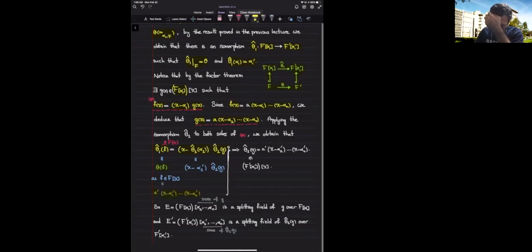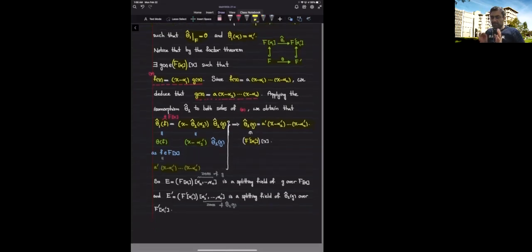On the other hand, we also know that theta 1 hat sends alpha 1 to alpha 1 prime. So we get this equality, and I can cancel out x minus alpha 1 prime from both sides. And I end up getting that the image of this auxiliary polynomial of smaller degree, g, completely splits into degree 1 factors after adding the root alpha 1 prime to the base field F prime.